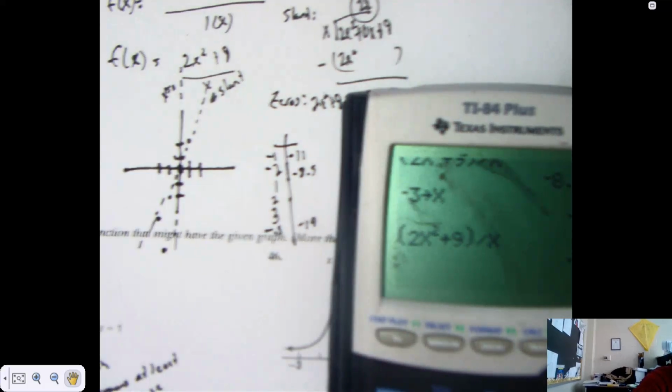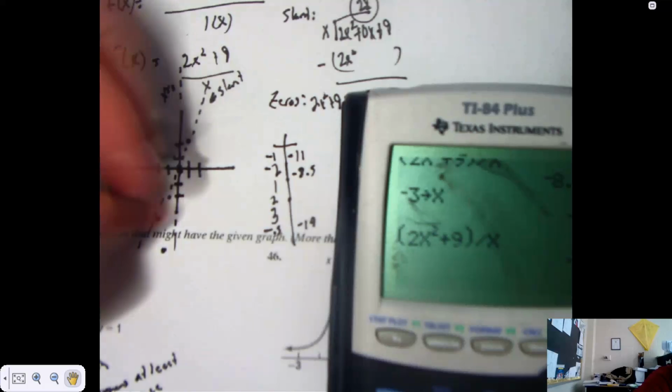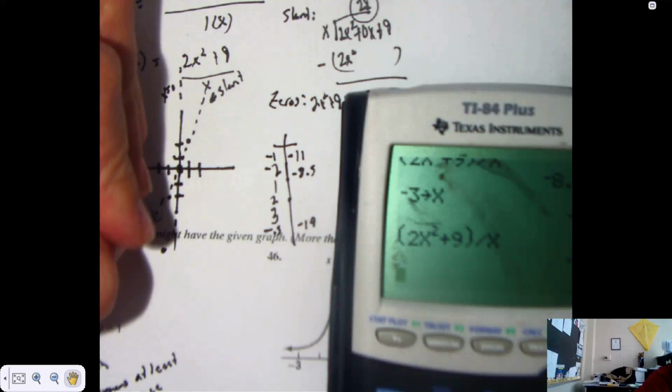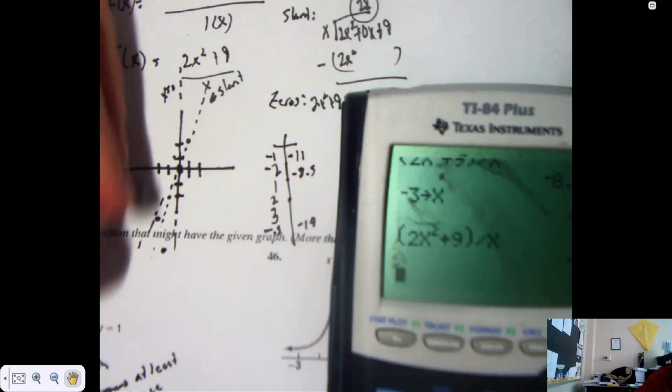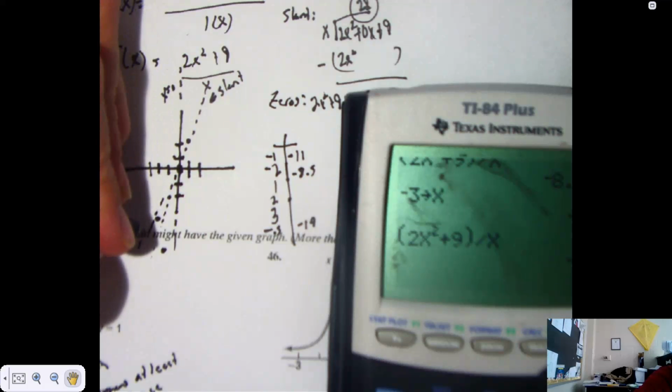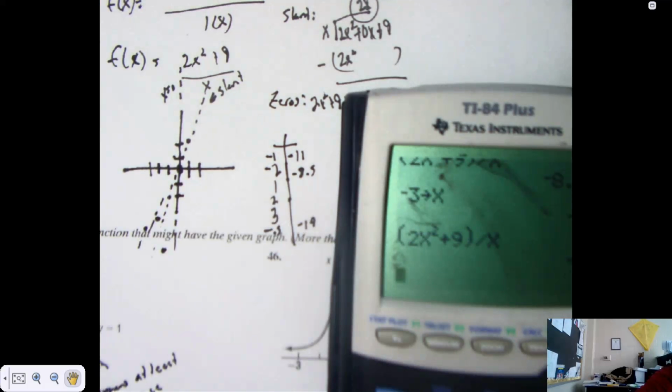This is a funny looking graph. A very funny looking graph.